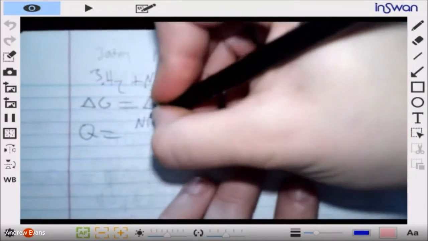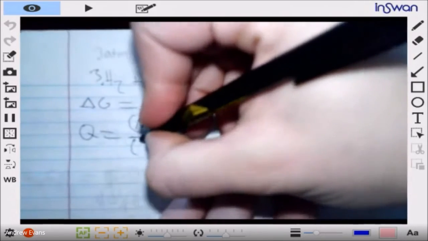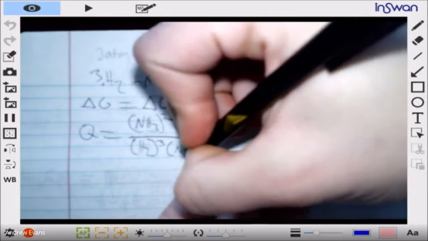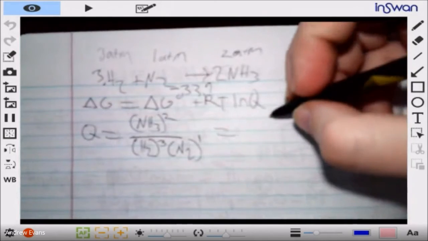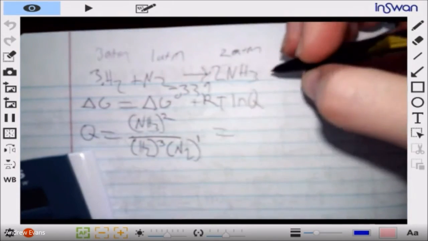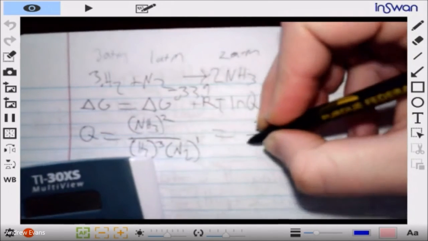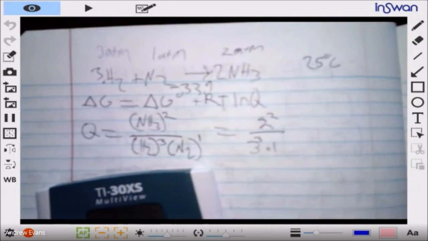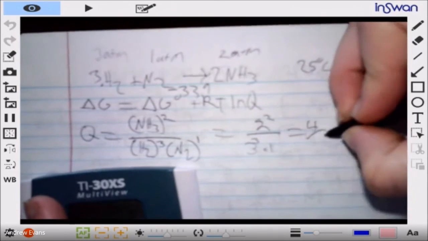So NH3 squared over H2 cubed times N2 to the first. So real quick, what is our Q? Our Q value would be 2 squared over 3 cubed times 1. So 4 over 9.